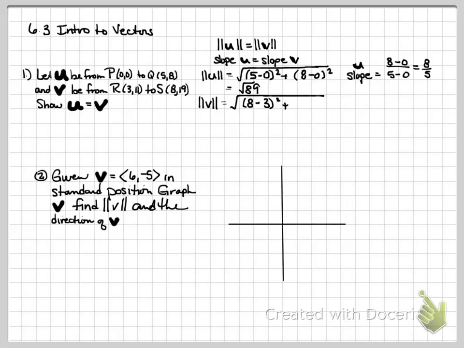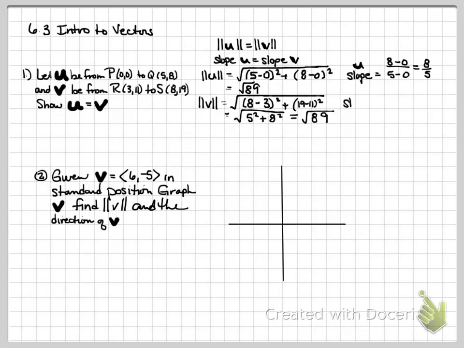Plus, now do the y values, 19 minus 11. These numbers are a little bit bigger. So it gives me 5 squared plus 8 squared, and that's also the square root of 89, which so far matches the other one. That's what I want it to do.